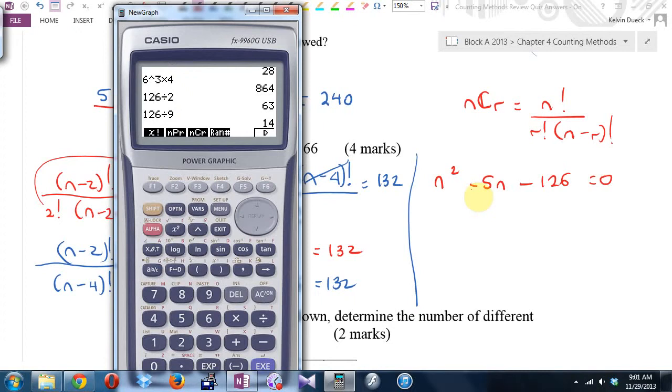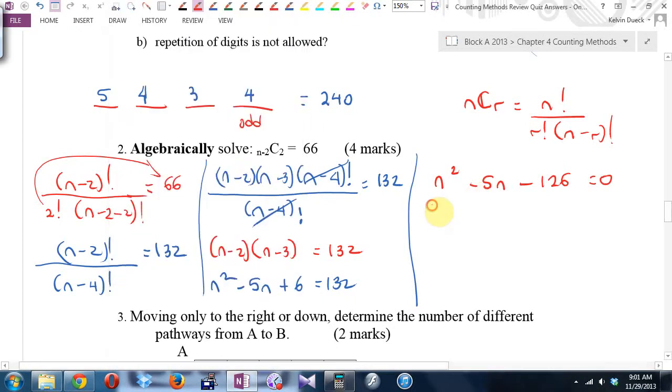This is how you factor and solve a quadratic. If you don't know how to factor, start with 2s and 3s, but look at your results and see what goes into your results and try those in the original. I think I can go with an n, an n, a 9, and a 14. Which one's positive? Which one's negative?